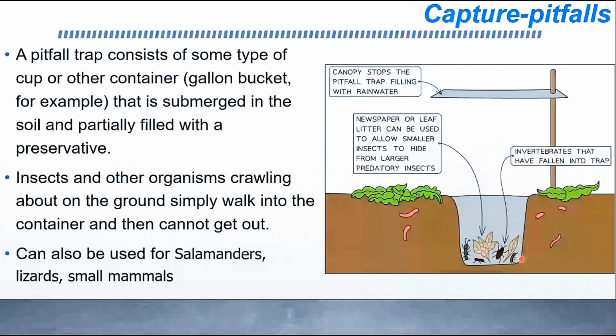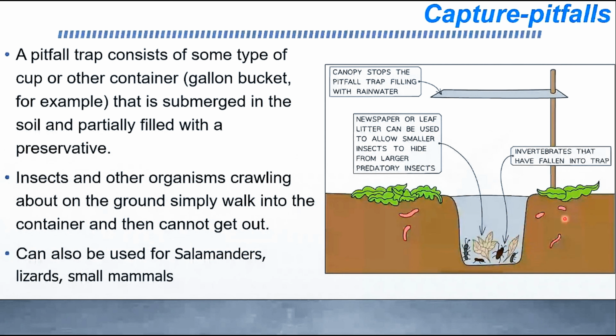We put leaves inside. The unaware insect or animal will just walk and fall into it, and because of the preservative it will get preserved and will not rot, right? If you don't have a preservative, the animal may rot. So we use a preservative inside, and anything that is trapped inside we collect, go to the laboratory, and try to identify it under a microscope or by using the methodologies that we have.